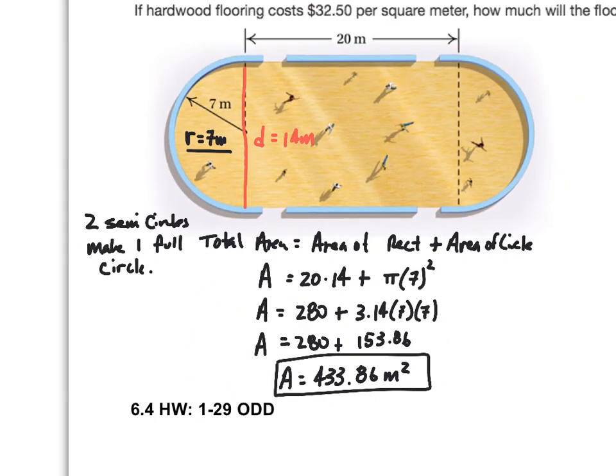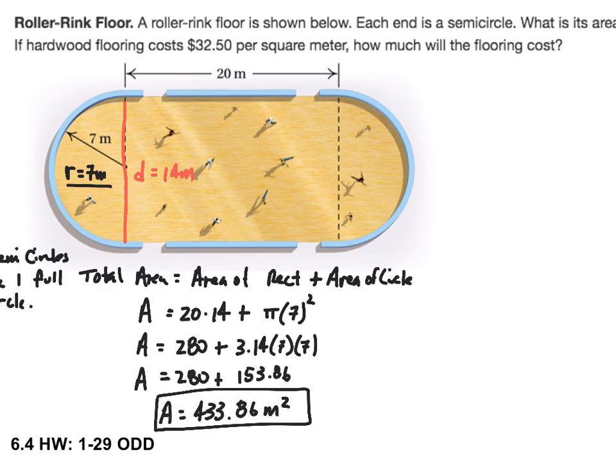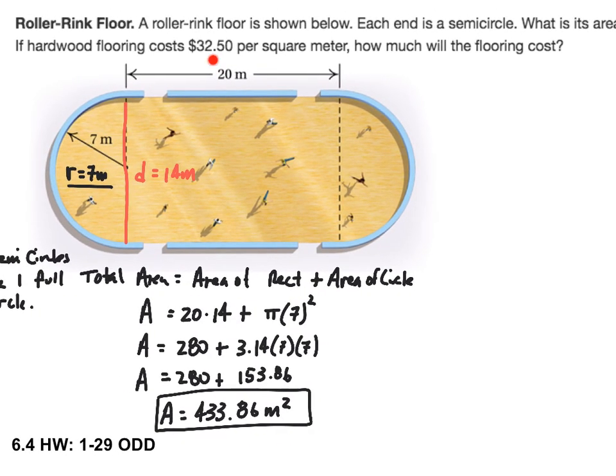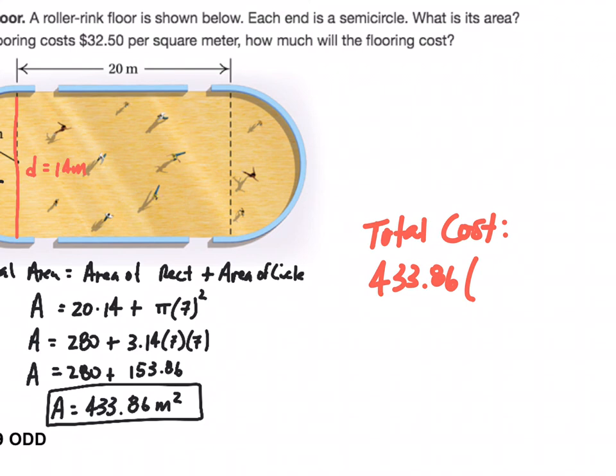All right. Now the other thing is that the hardwood flooring costs $32.50 per square meter. So how much would all of this flooring cost? Okay, so to figure that out, let's do total cost would be 433.86, and we're going to multiply it by 32.50.